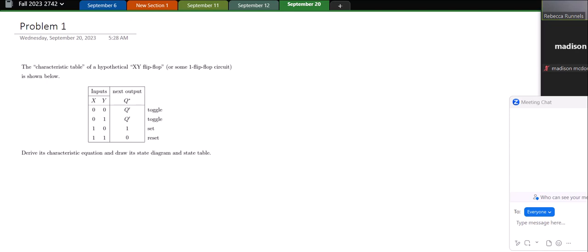So what we want to do is come up with an expression for Q star or Q next, and we can do that by using a Karnaugh map.